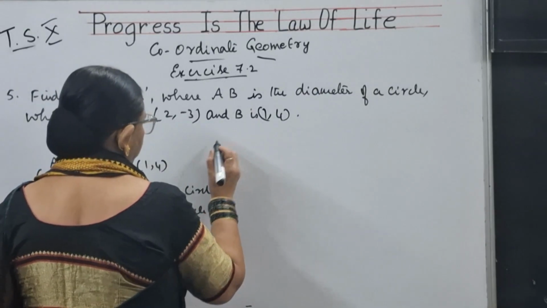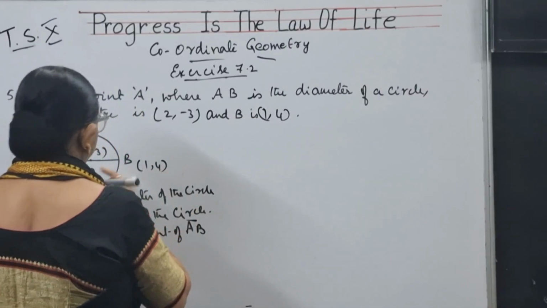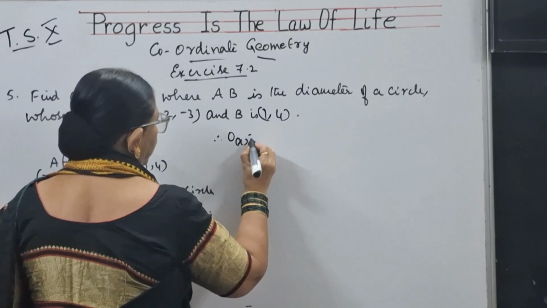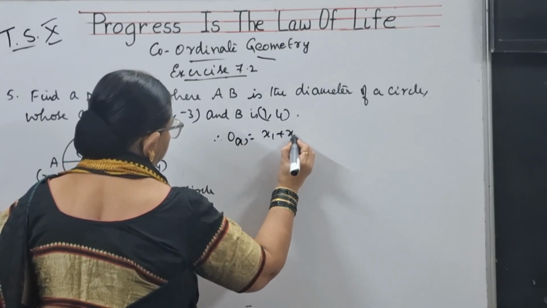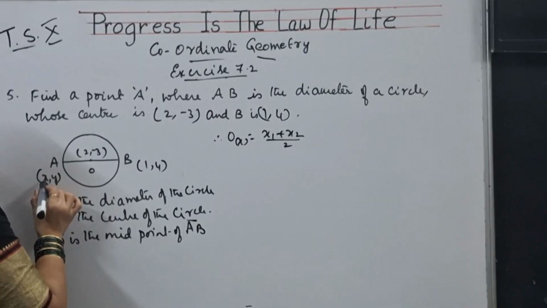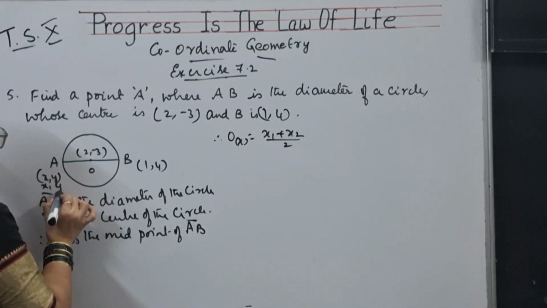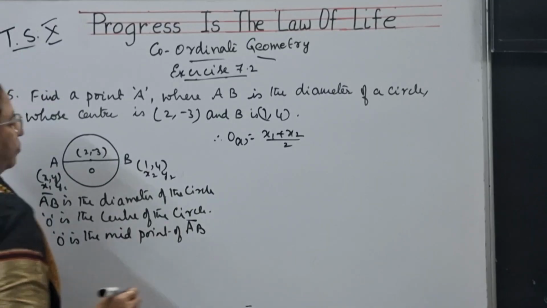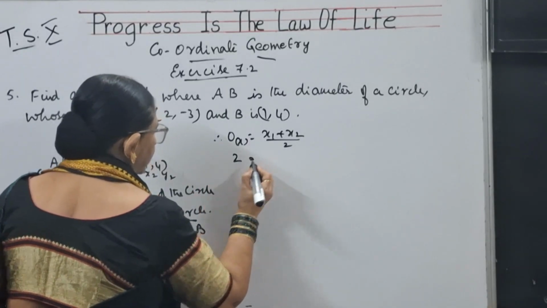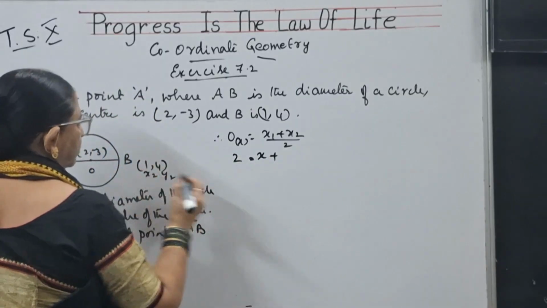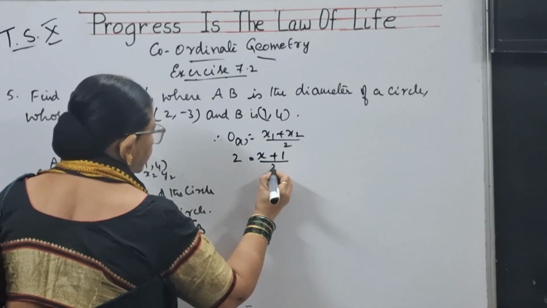So what is the O of x? Therefore, O of x, midpoint value. O of x is (x1 plus x2) by 2. So this is coordinate of A. A is x1, y1, B is x2, y2. So O of x is 2, which is equal to (x plus 1) by 2.